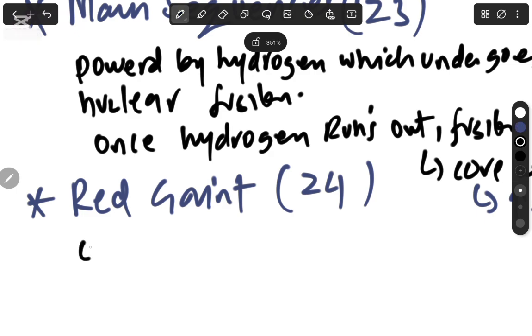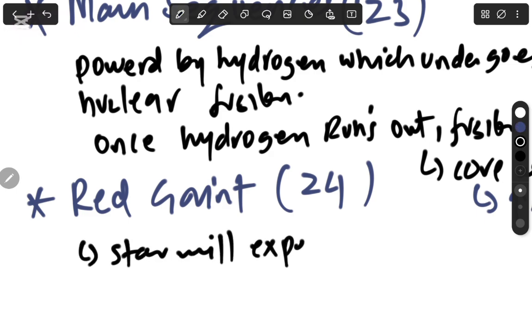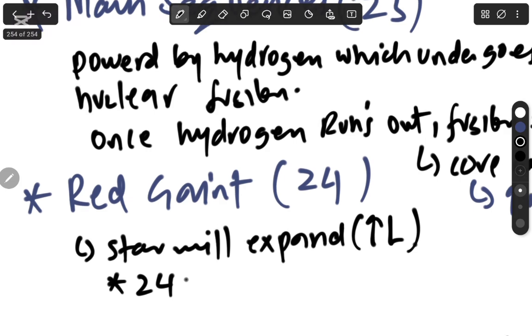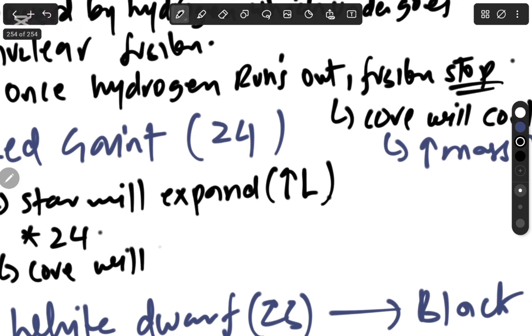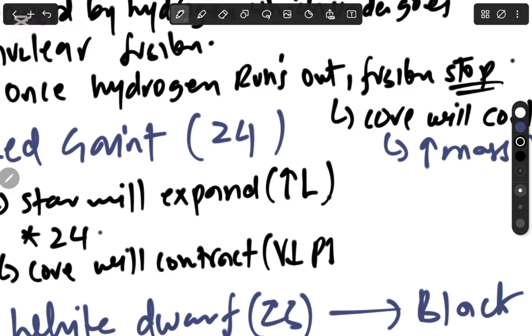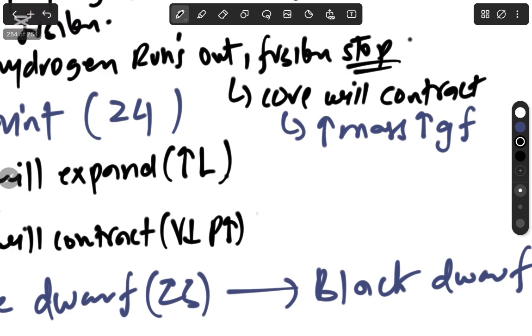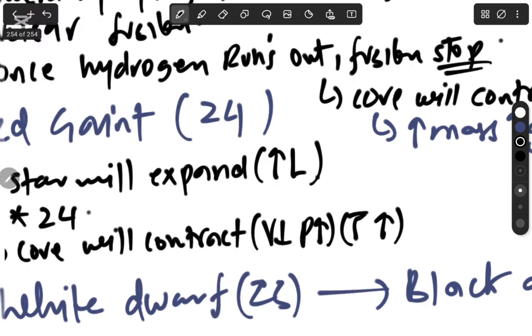After that, the star will expand, so its luminosity will increase, and it will go into Z4. Now the core will contract, so its volume will decrease. The core's volume decreases, so its pressure will increase. And because of that, the temperature of the core will increase.